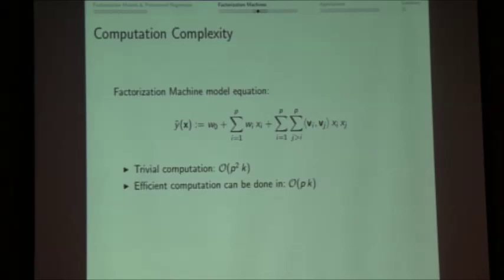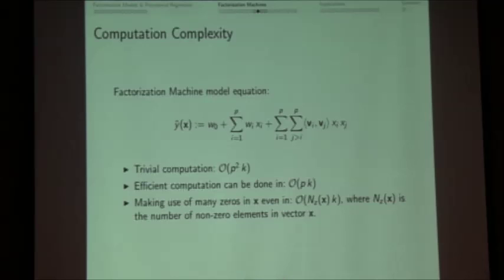But actually, you can do this much more efficiently. You can compute this in p times k, by just rearranging some sums. I don't want to go into the details here. It's actually not so complicated, but if you want to see the proof, it's better to do it with paper than if I show this instantly.